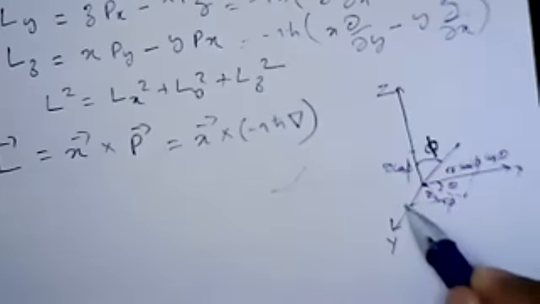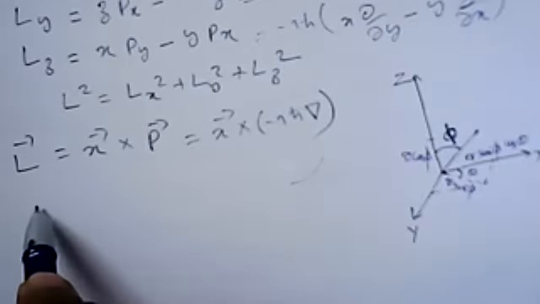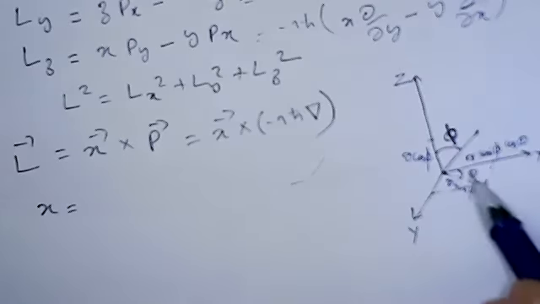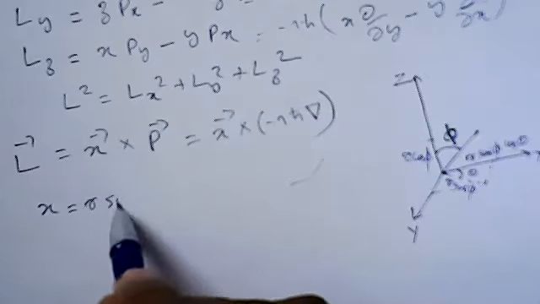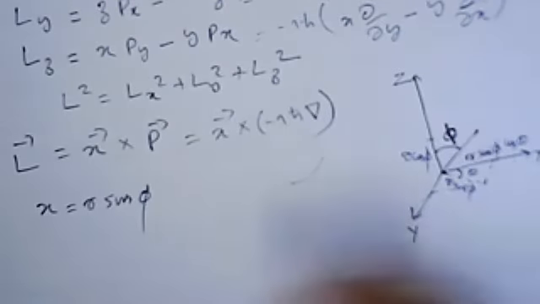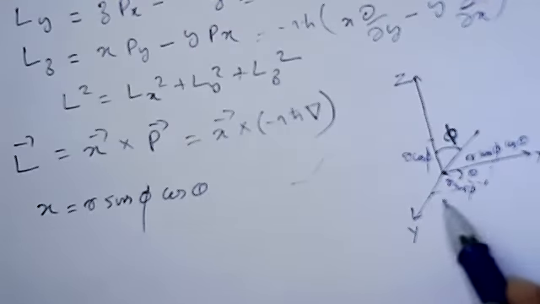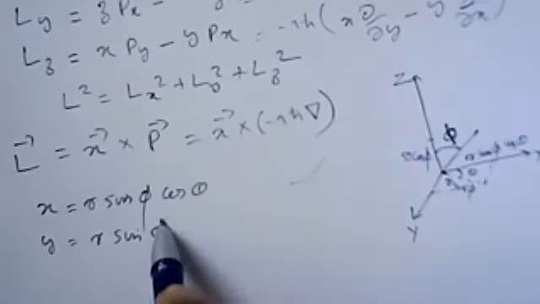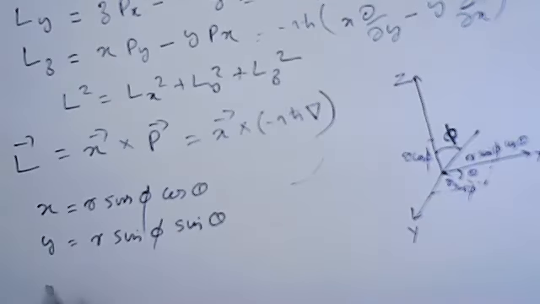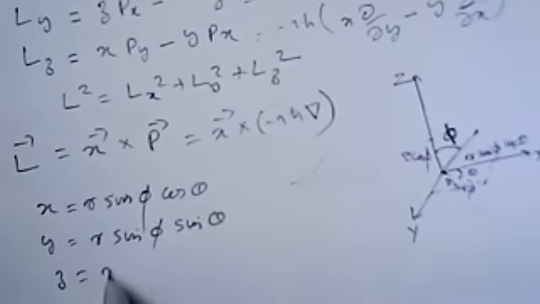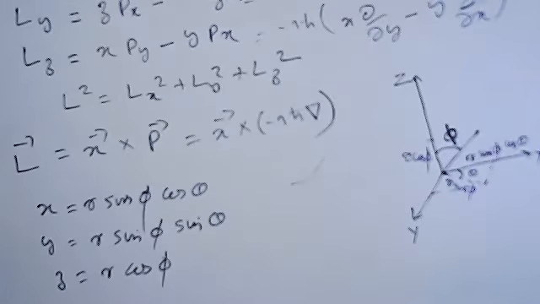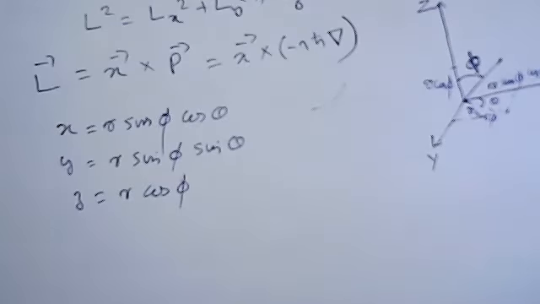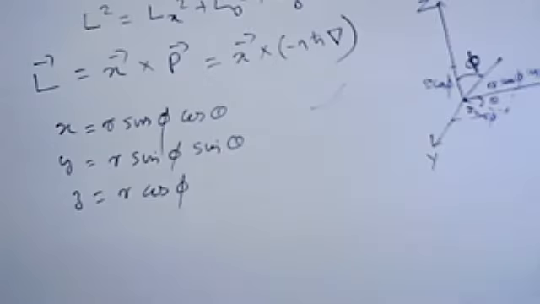Similarly, the y component is r sin phi sin theta. So we can write the x, y, and z coordinates in spherical polar coordinates as x equal to r sin phi cos theta, y equal to r sin phi sin theta, and z equal to r cos phi. I think this is very familiar to you, very easy, very simple.